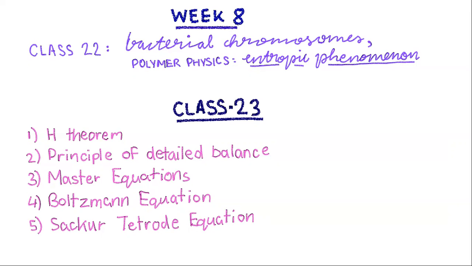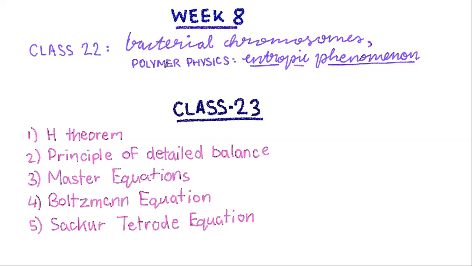Now, microscopically as well, there is a condition that there should be no current between two energy levels, say, or microstates. And that's the principle of detailed balance. It comes from something very generic called the master equations.